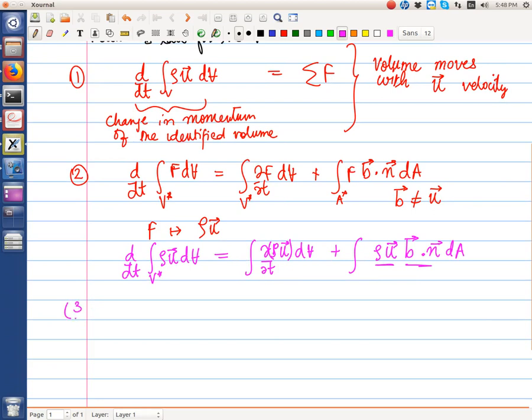At the time instant when the two frames coincide. Before that, let's write down the statement of the Reynolds transport theorem for a volume moving with the fluid velocity.